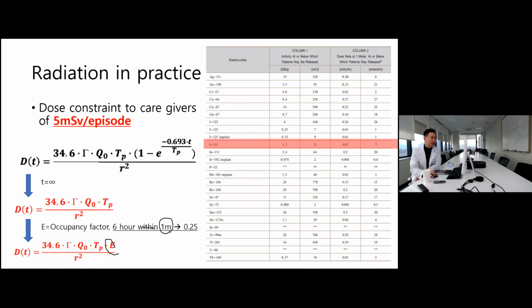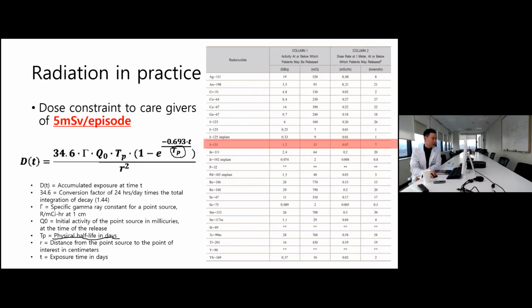So there are attempts to use the effective half-life instead of the physical one for evaluating individuals. But for a group, it might be more general to use the most conservative data, which is the physical half-life.